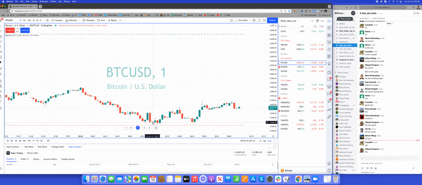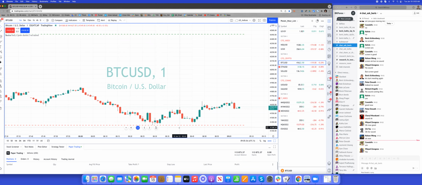That shows us that buyers have taken control, that there is a strength of flow instead of just a turn of price. So we need a turn of price and a strength of flow. In this particular case, that's a long, and we get long.